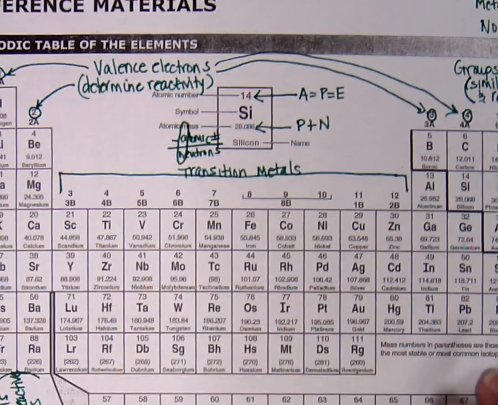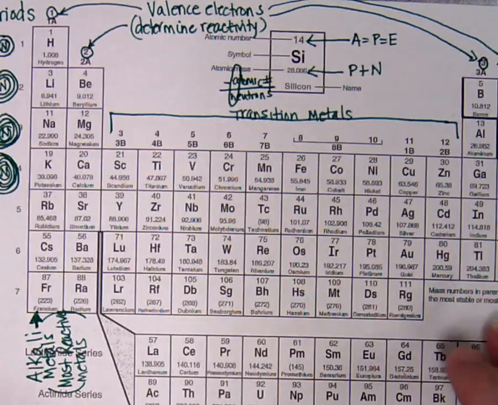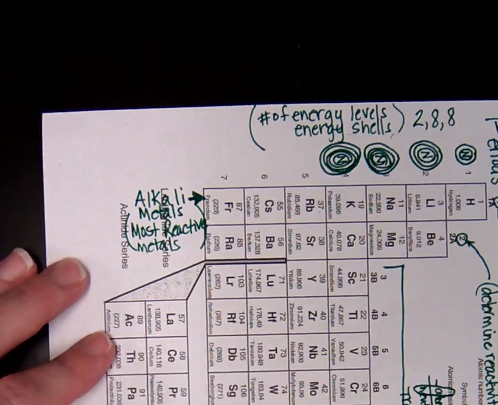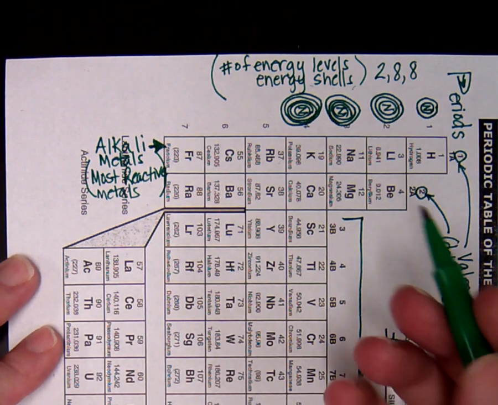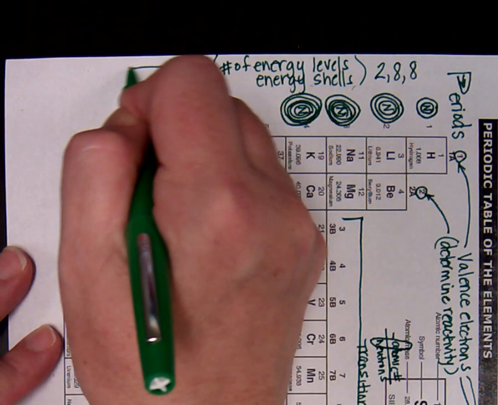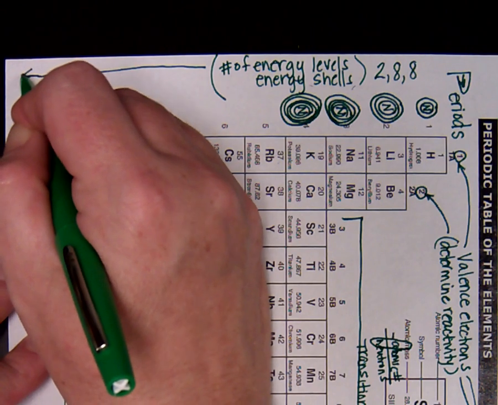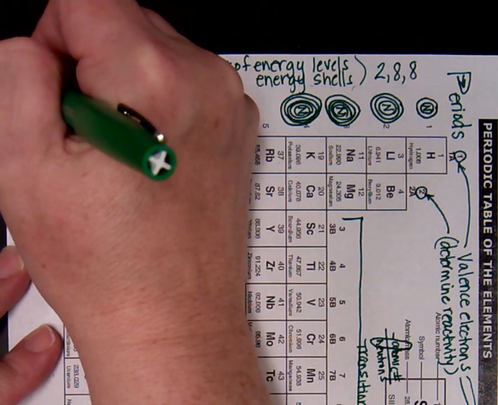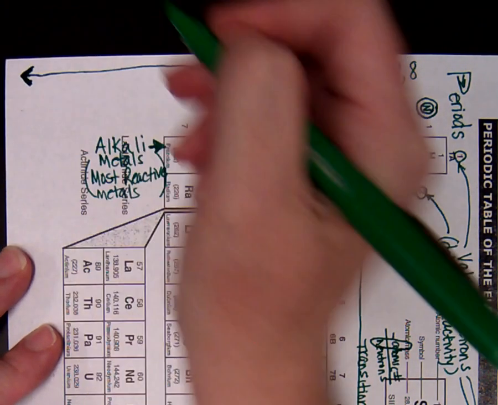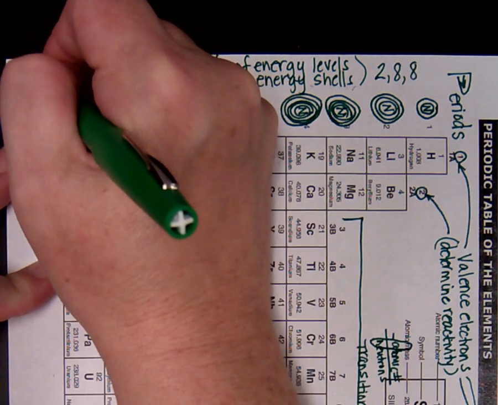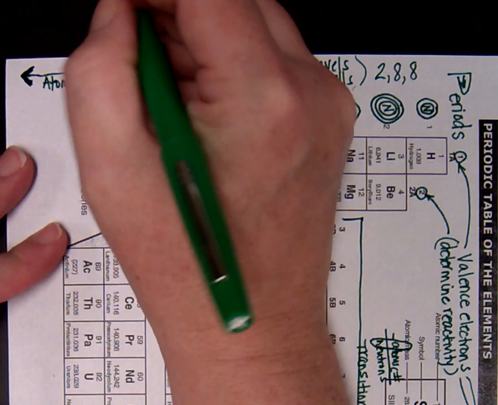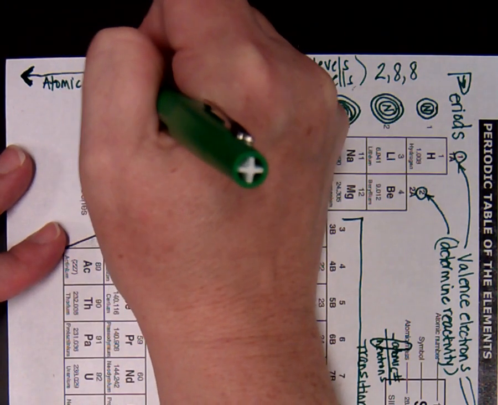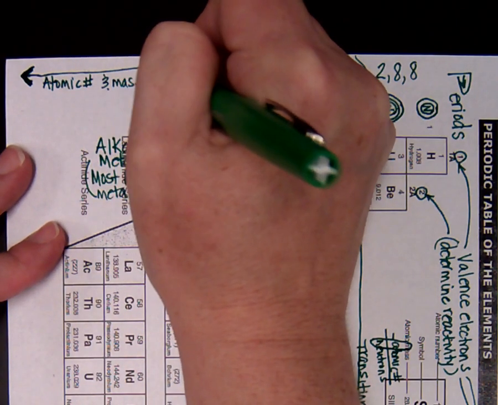Now, at the bottom of our periodic table, we are going to write, over here on the side, what the trend is that we find. So draw an arrow down. And as you go down the periodic table, you notice that the atomic number and the mass increase.